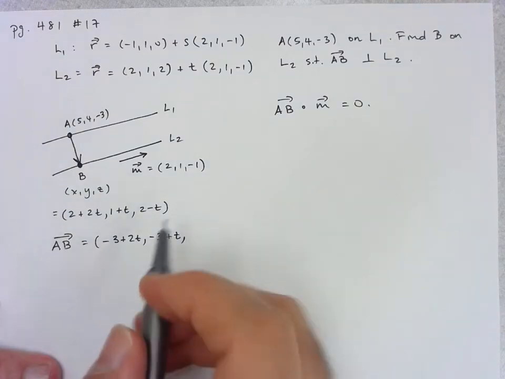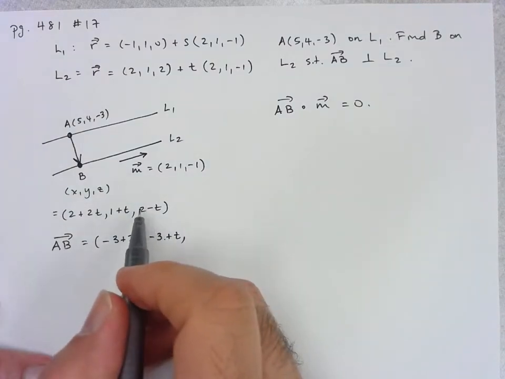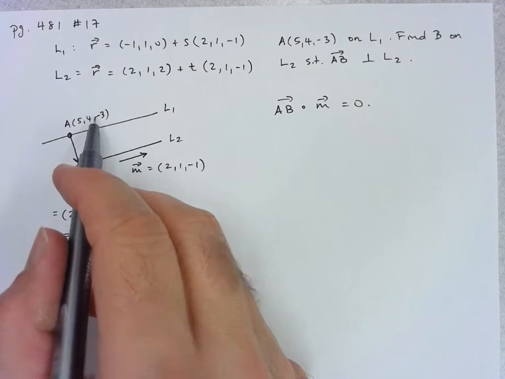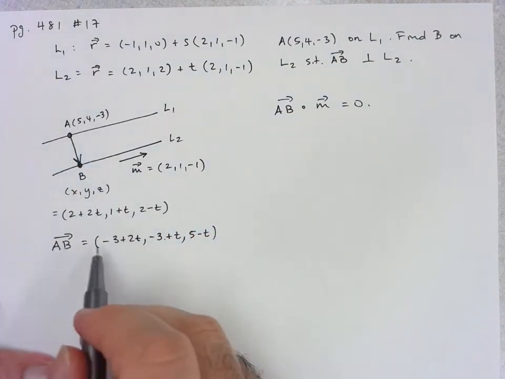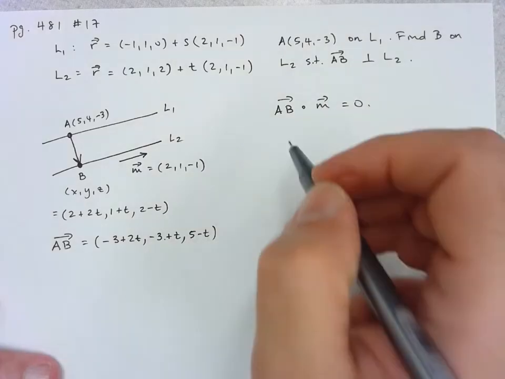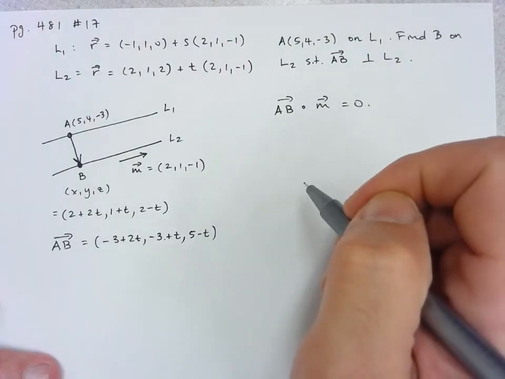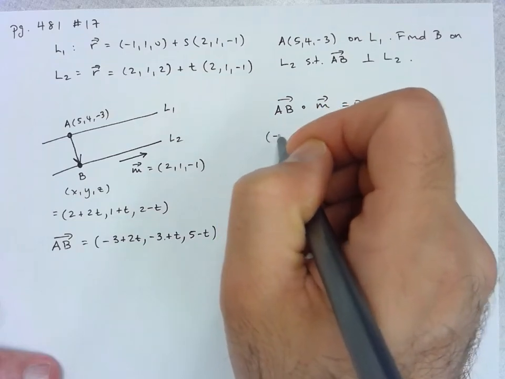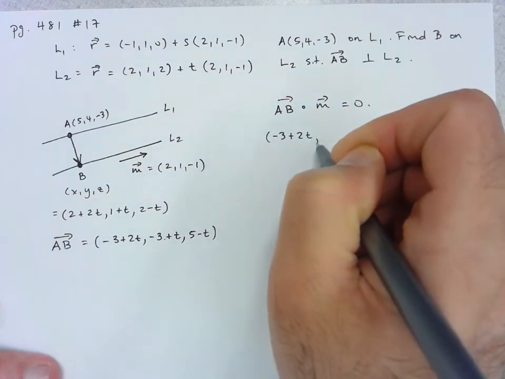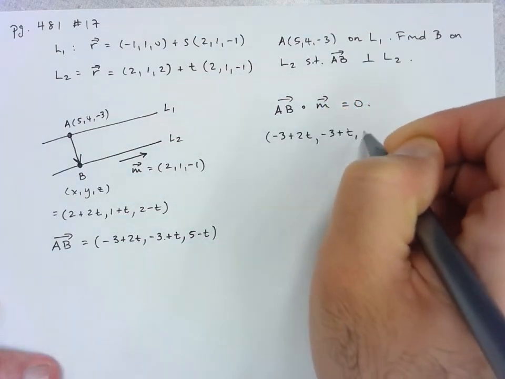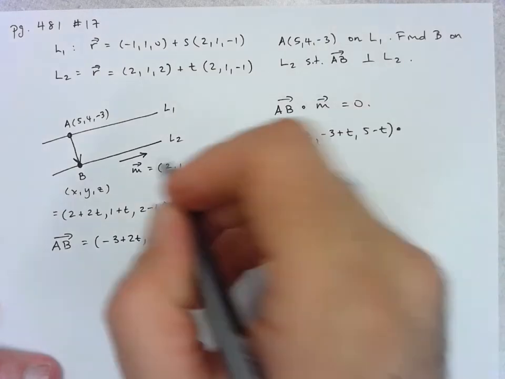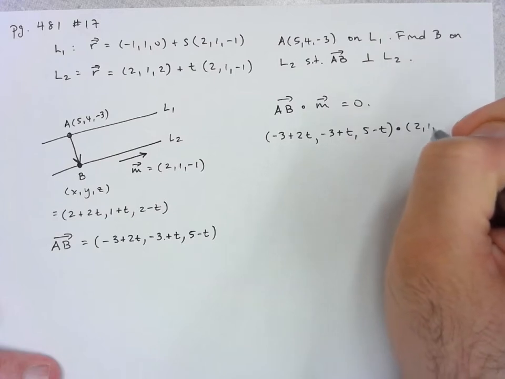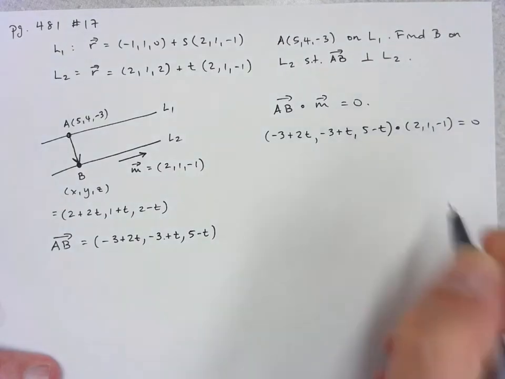And for the z component, 2 minus negative 3 is 2 plus 3, which is 5, minus t. So this is a representation of the vector AB, which I can now input into my equation. We have (negative 3 plus 2t, negative 3 plus t, 5 minus t) dotted with the direction vector (2, 1, negative 1), and it has to equal 0.